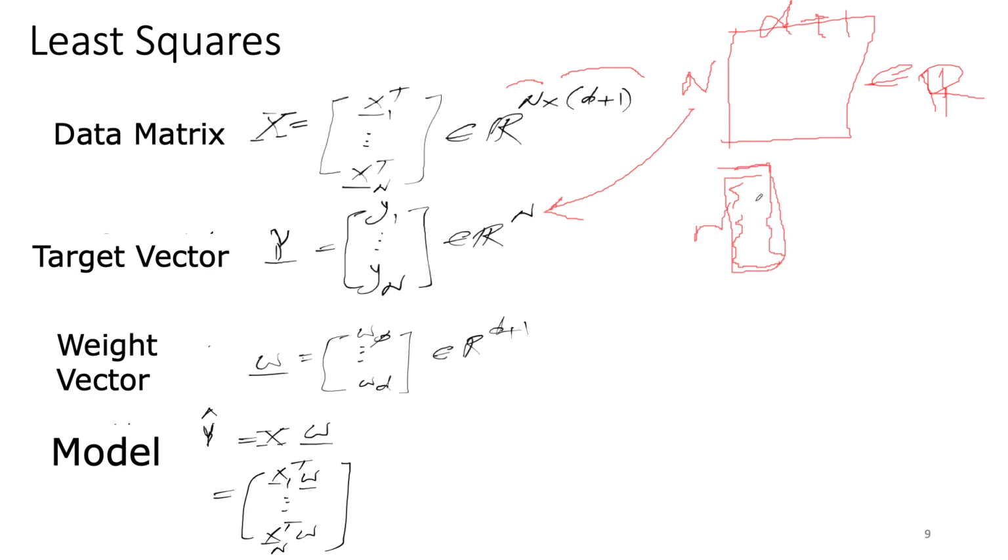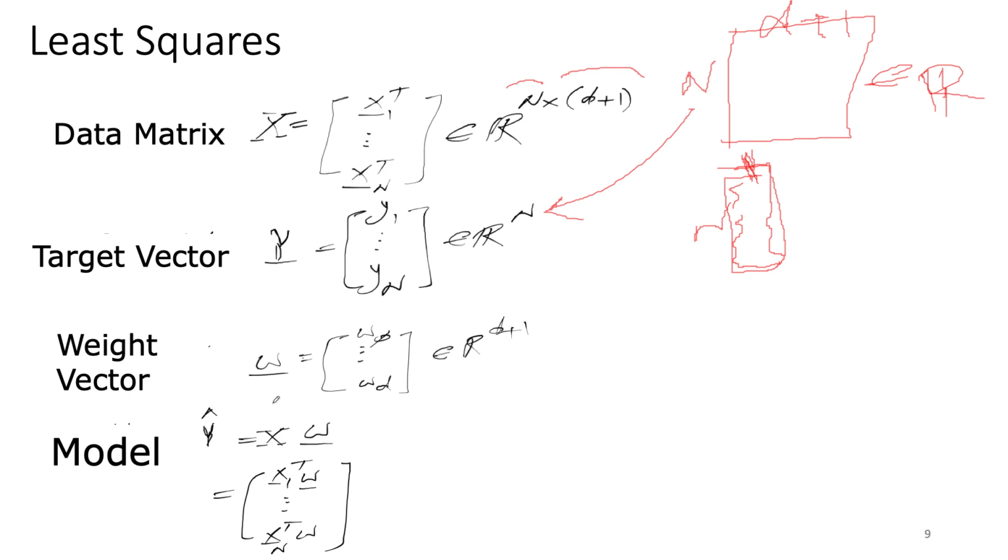So that's n, and this is 1. So corresponding to your x, you're going to have a vector. We show it with capital W or W underbar, starting from W0 up to WD. There are also D plus 1.